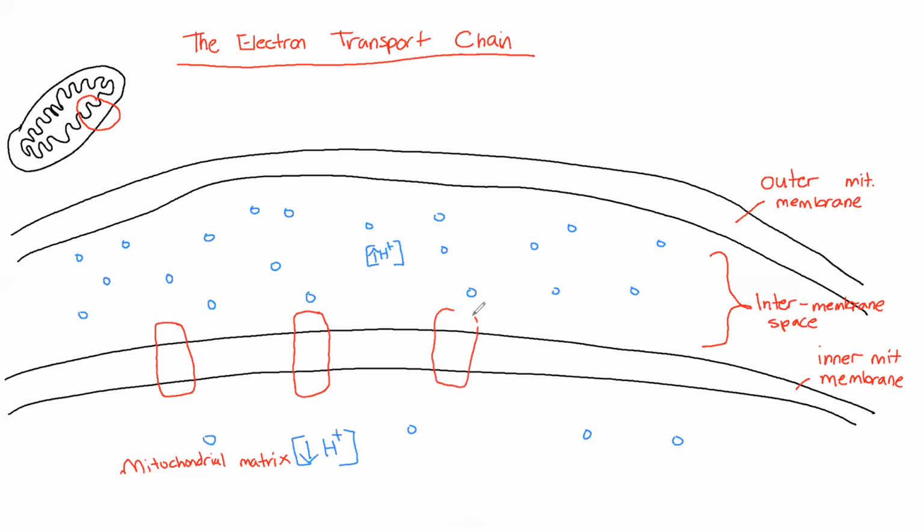I'm not going to ask you to know the details of the complexes, but certainly the overall picture of what's actually happening. And then the final complex is the most important one. This is called ATP synthase. And this is kind of where all the magic happens. Okay, so the final complex is the one that I want you to be focused on in terms of knowing the name. This is called ATP synthase.